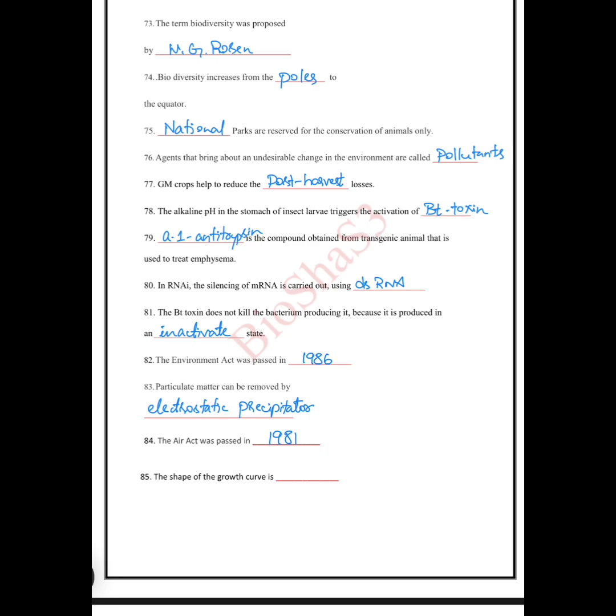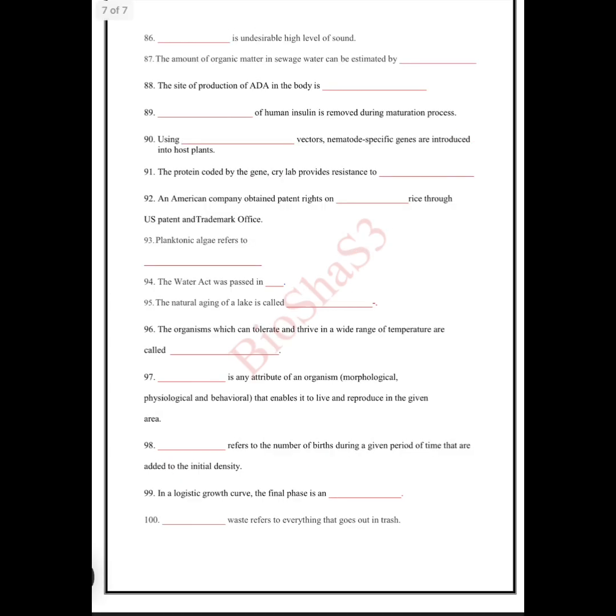The shape of the growth curve is S-shaped. Noise is undesirable high level of sound.